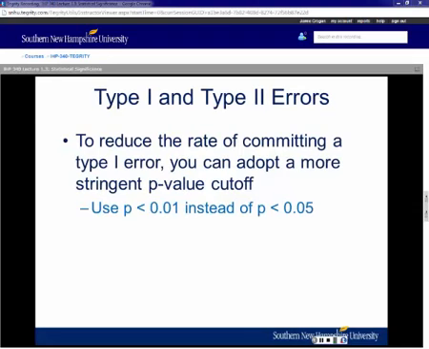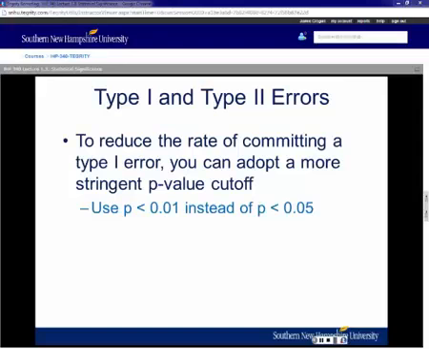These type 1 and type 2 errors are actually related to one another. Some researchers in the past have said, well, I really hate being wrong. With this p-value of 0.05, the 5% error rate for a type 1 error, some people said, well, I don't want to be wrong 5% of the time. I want to be wrong only 1% of the time.